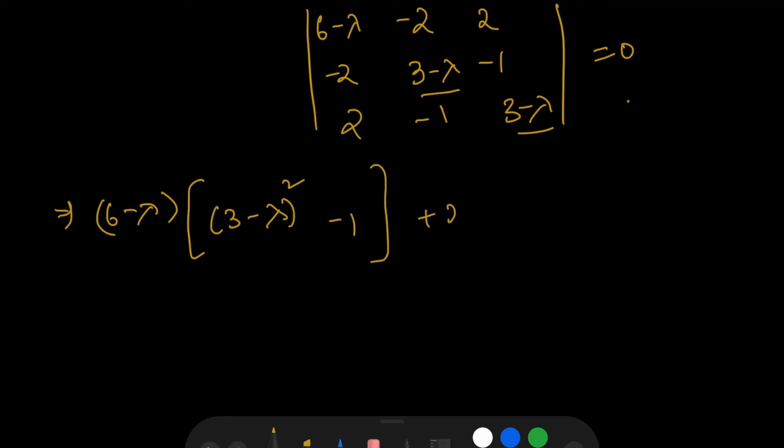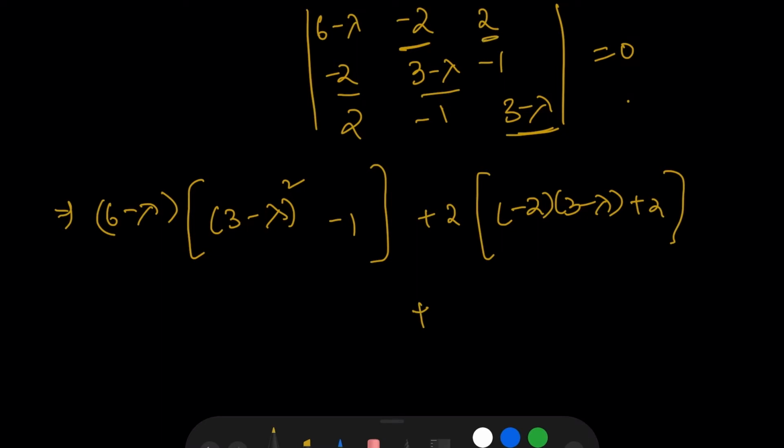So plus 2 into, since here we have a minus and there will be a default minus, so minus into minus is plus, plus 2 into these two now, so minus 2 into 3 minus lambda plus 2, right? So 2 into minus 1 is minus 2 and a default negative, so plus 2, right?